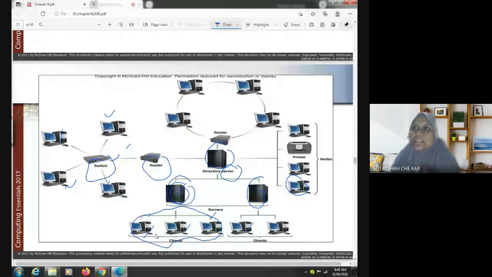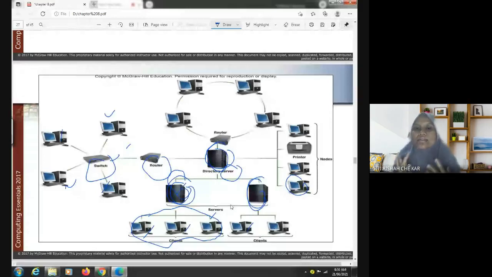So dia macam serve the network to other devices. So that's why kita panggil server to serve. Okay. So dia macam jadi central unit for network lah. Because sometimes when we deal with a lot of computers and devices, akan jadi traffic kan, macam traffic jam lah.